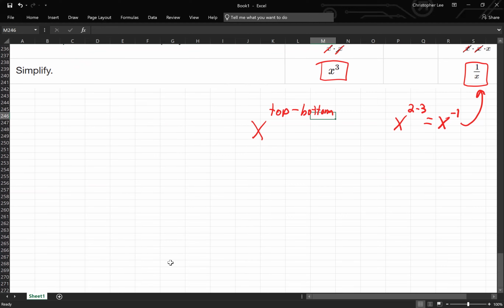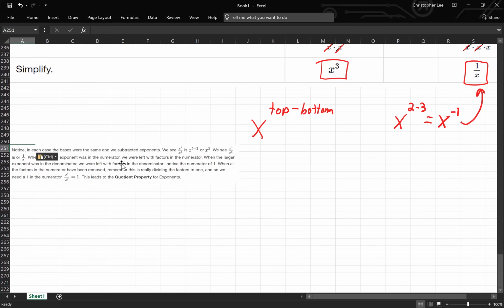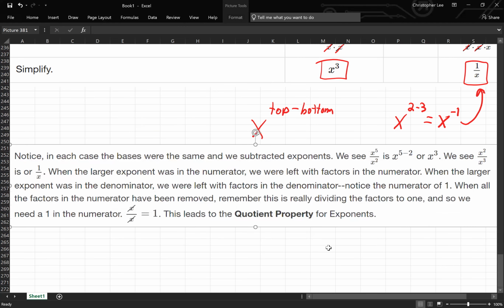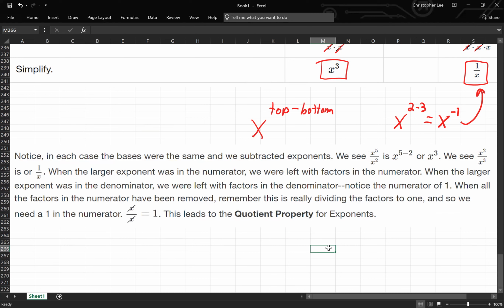All right, so let's take a look. Notice in each case, the bases were the same and we subtracted exponents. We see that x to the fifth power divided by x to the second is x to the 5 minus 2 power, or x to the third. We see that x to the second power divided by x to the third power is x to the negative 1, or 1 over x. When the larger exponent was in the numerator, we were left with factors in the numerator.